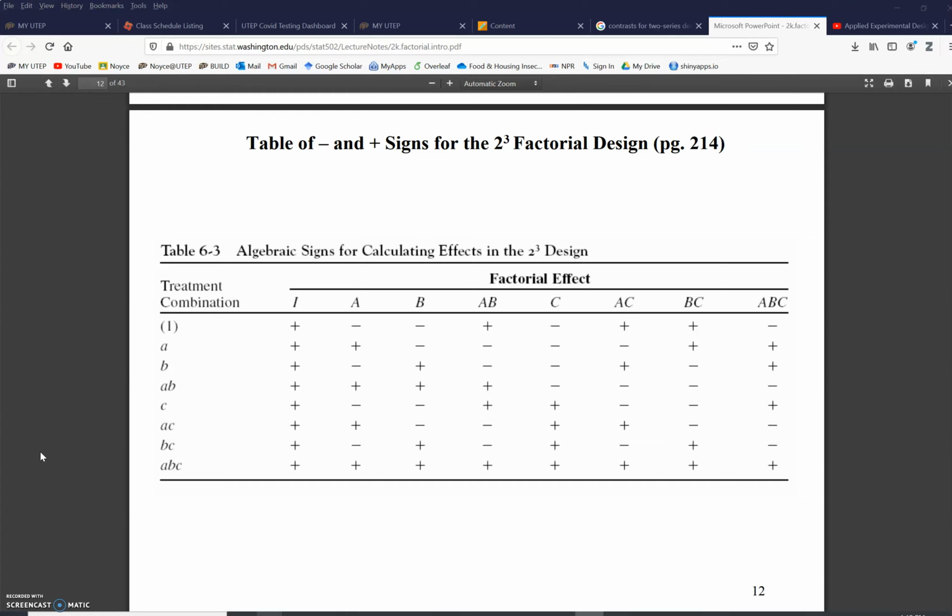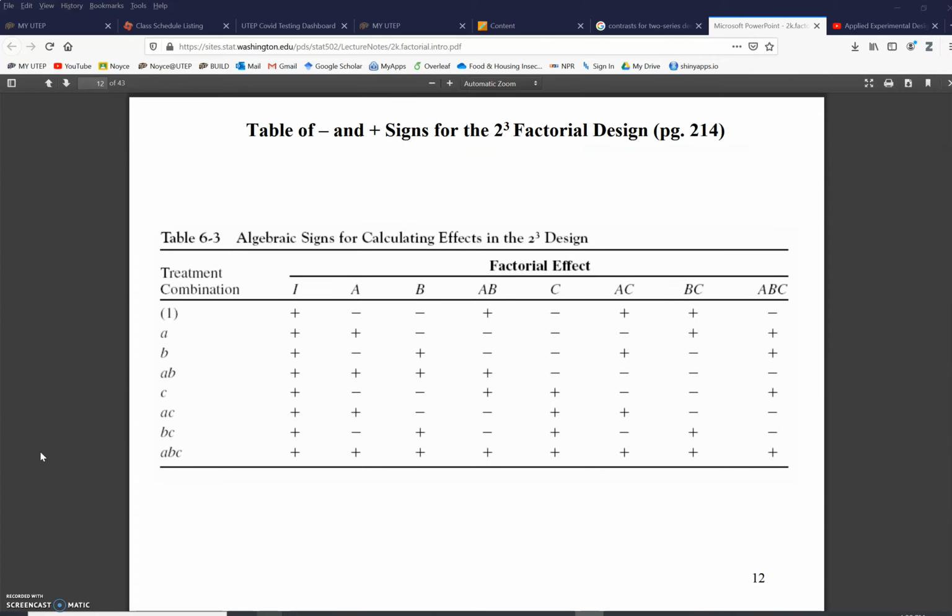Pause the video. Okay, so remember to estimate any effect within one of these 2 to the K designs, we just take all the positive terms minus the negative. So notice, where are these terms positive alongside here? Well, first with the ABC, the C, the B, and the A. So you'd have the effect of first ABC, then A, B, and C separately.